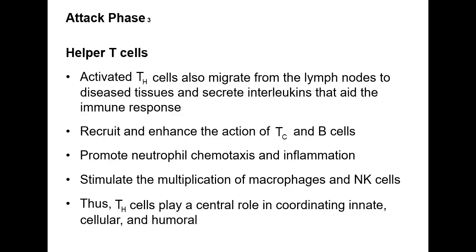Now, these helper T cells, like I had mentioned before, are kind of like the quarterback of the immune system because they release chemicals called interleukins to recruit other white blood cells to the area. So they're going to recruit cytotoxic T cells, B cells, and other white blood cells involved in innate immunity, like the macrophages and the natural killer cells.